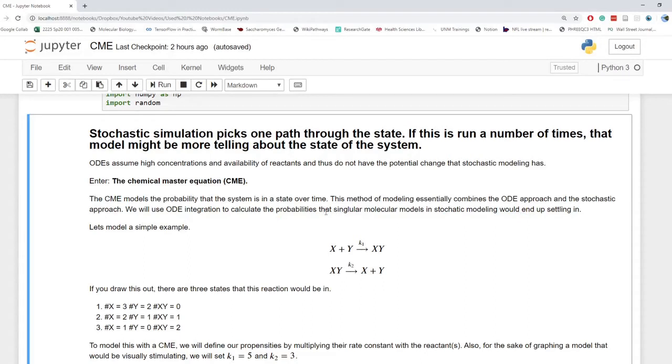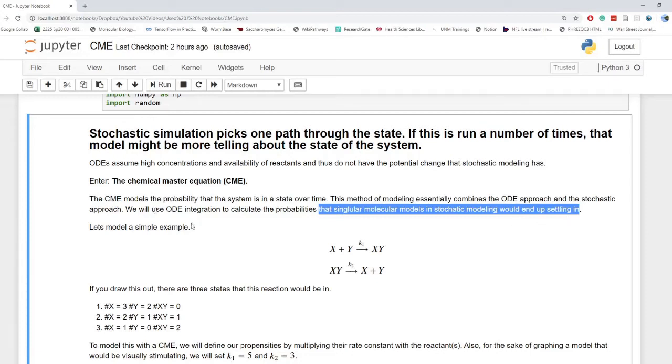What I mean by this is that if you run a boatload of stochastic modeling again, you would end up settling in a certain proportion, or you'd see a certain state show up a little bit more likely than another state.